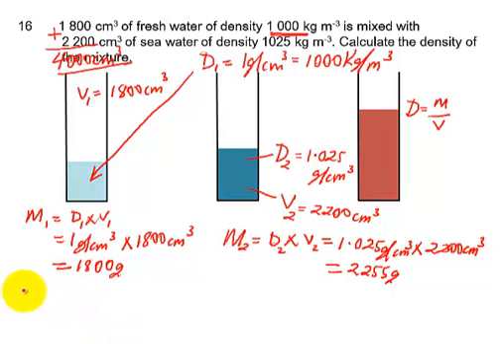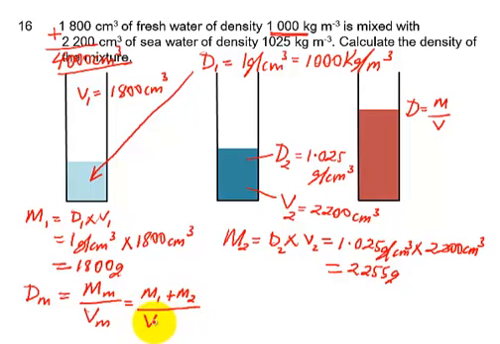So let's quickly calculate the density of the mixture, which we can call Dm, D with a subscript m, density of the mixture. Since density is mass over volume, then density of the mixture is mass of the mixture over volume of the mixture. The mass of the mixture is M1 plus M2, while the volume of the mixture is V1 plus V2.